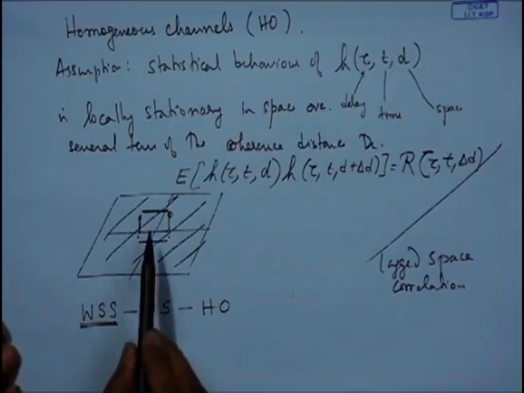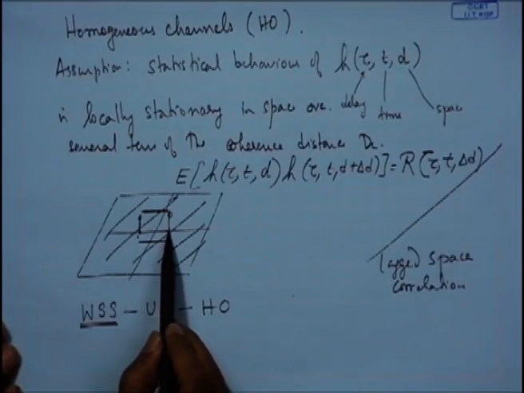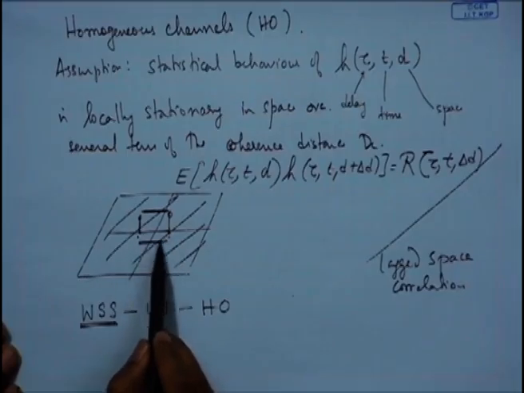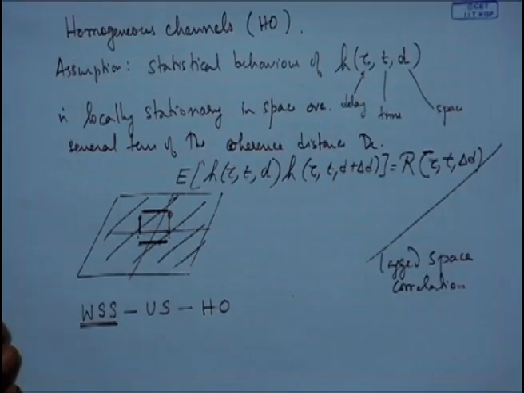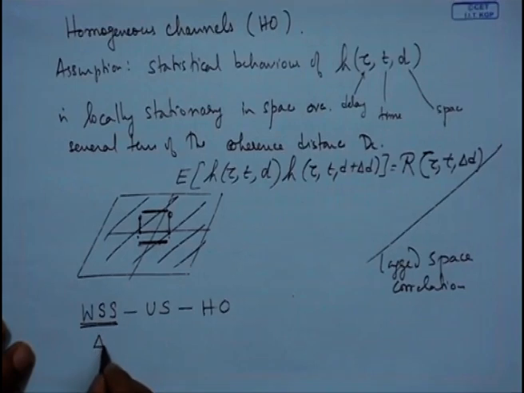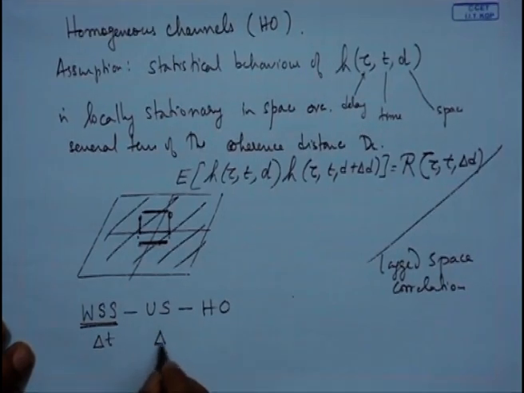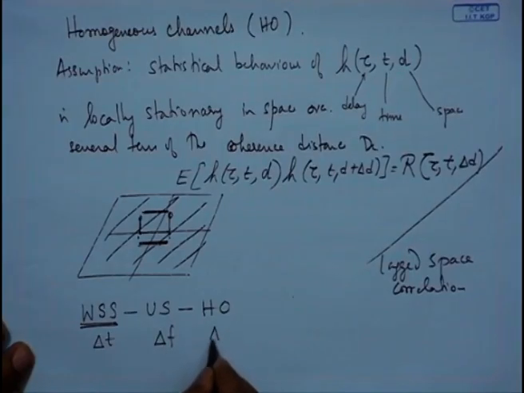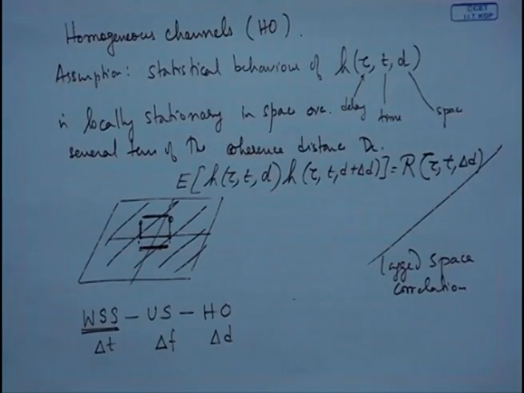That means the signals at two different points in space are correlated as a function of only the separation distance and nothing else. So, here the separation is delta t, here it is delta f, and here it is delta d.